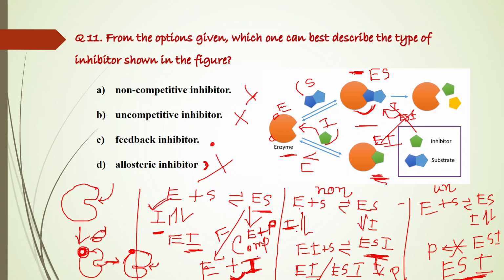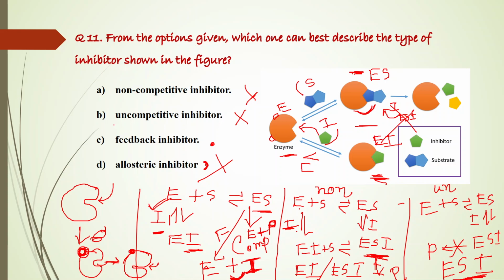So always remember, here you can see that after the reaction we are getting a green colored product, which is actually an inhibitor as well. That is the basic difference between competitive and feedback inhibition.